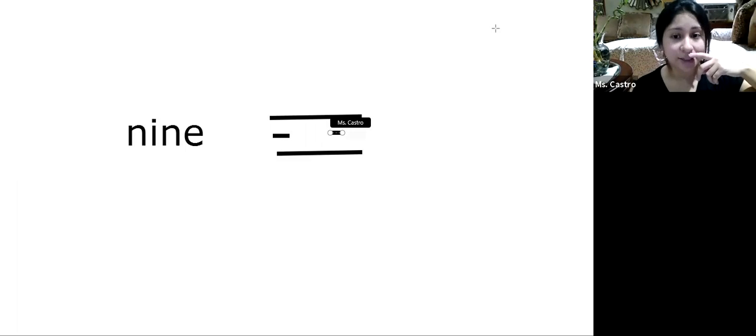So try to figure out what this word says. This word is a number. It is also very important to know the sounds of our letters, because if we don't know them, then we're not able to figure out what the word says.